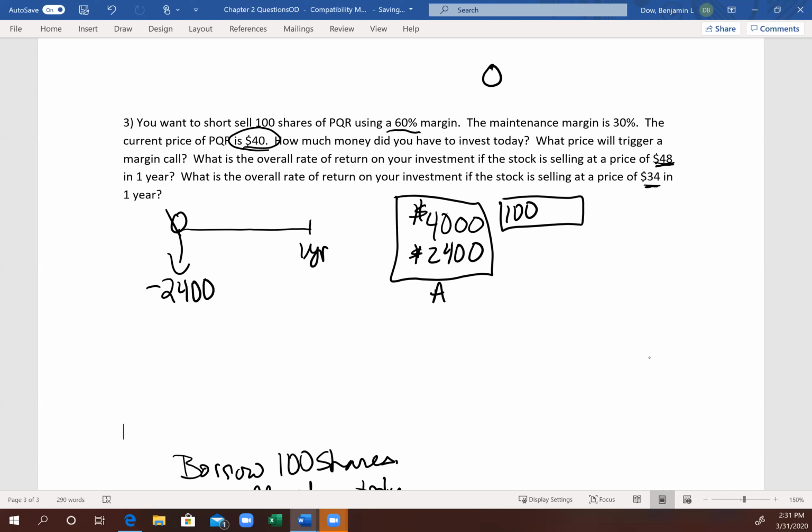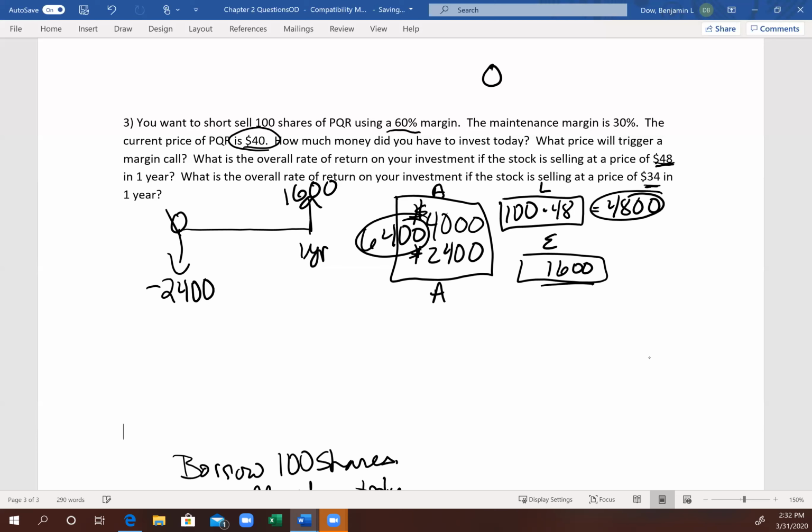But what happens if our liability goes to 48? If it goes to 48, that's going to leave our equity position at 1,600. 6,400 minus 4,800 equals 1,600.